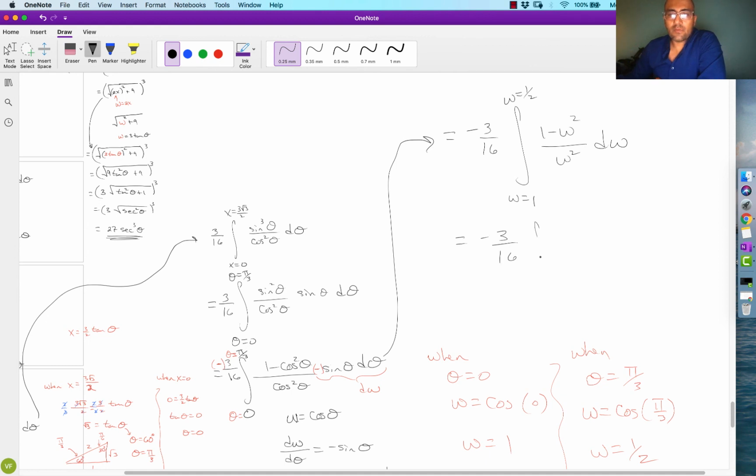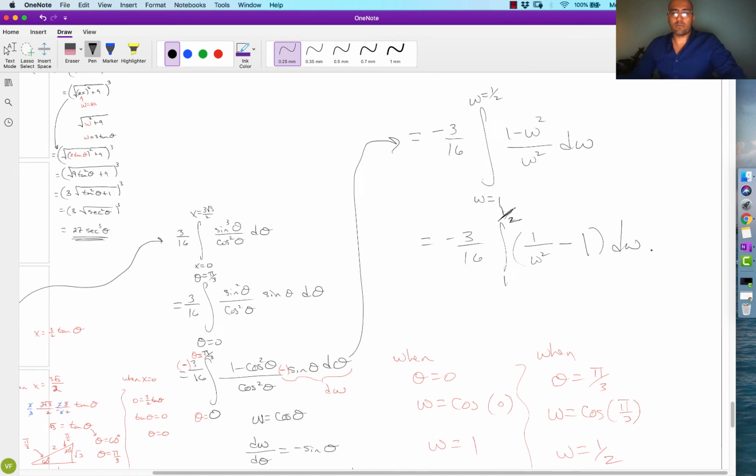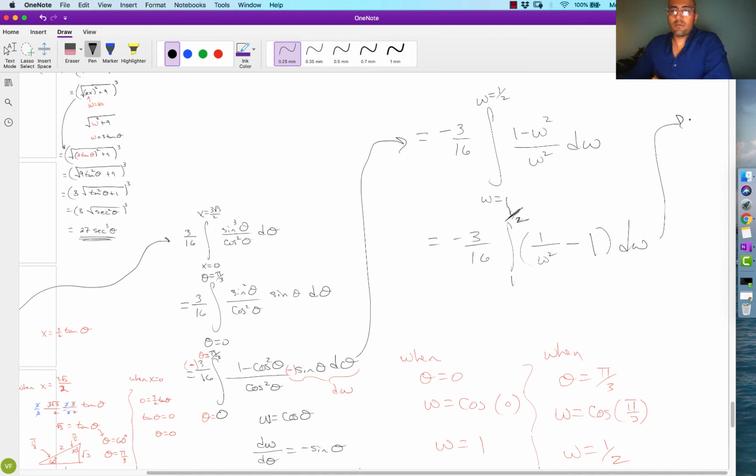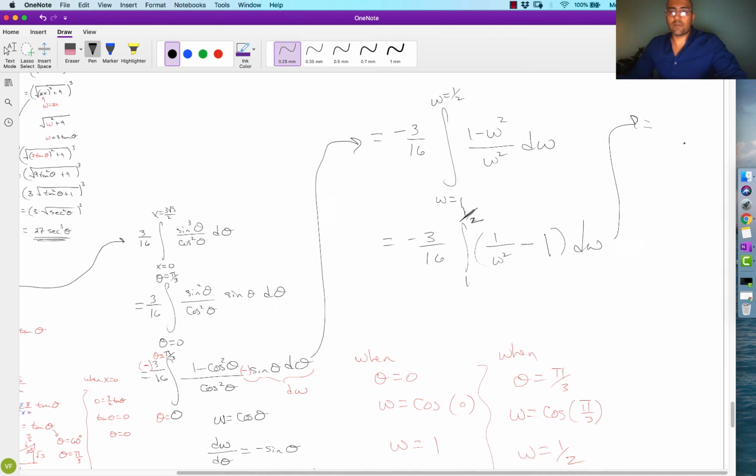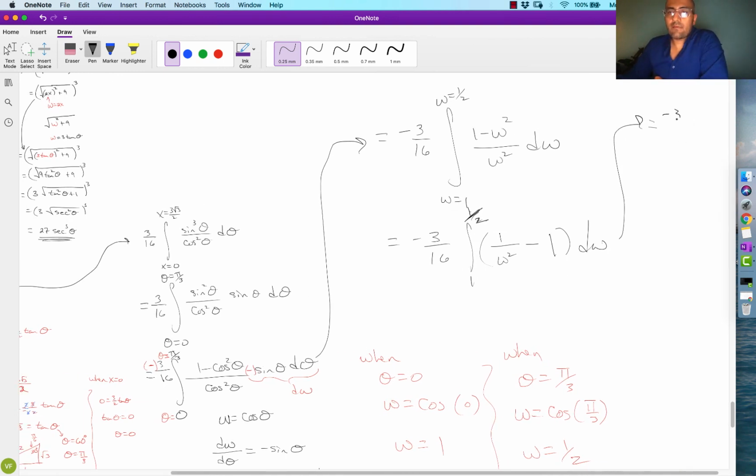-3/16, and then this becomes integral from 1 to 1/2. And then this reduces to 1 over w squared minus 1 dw. Almost there. So this becomes -3/16.